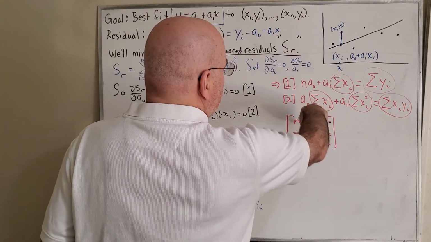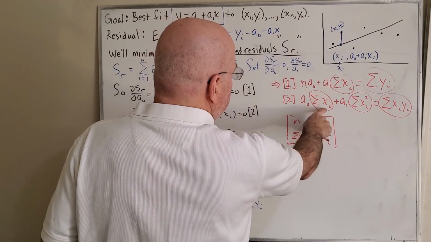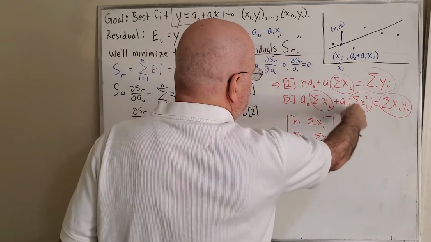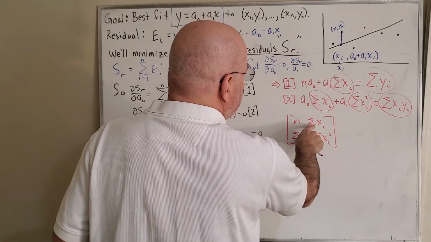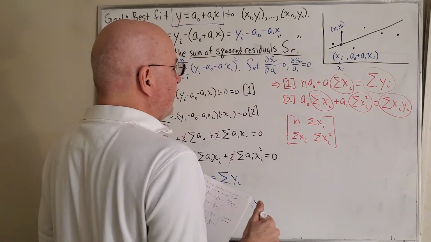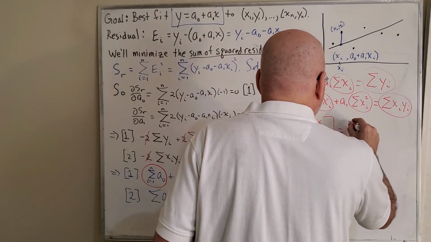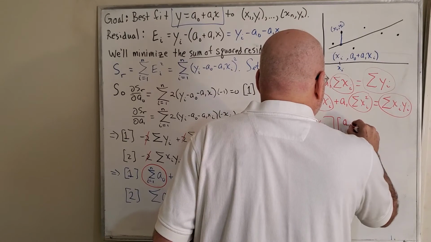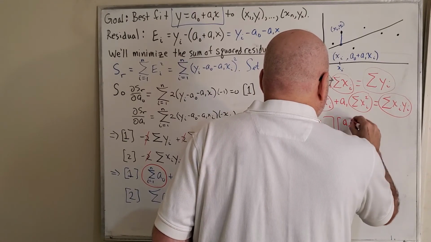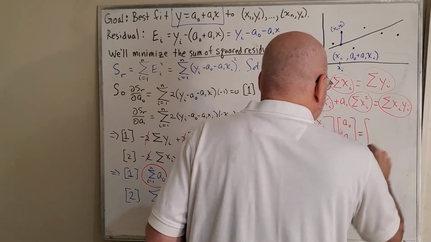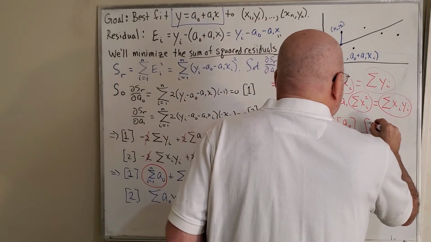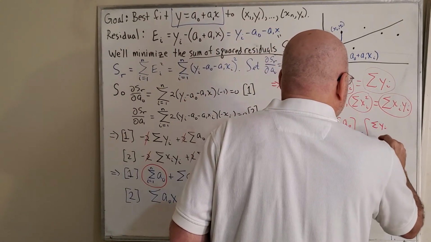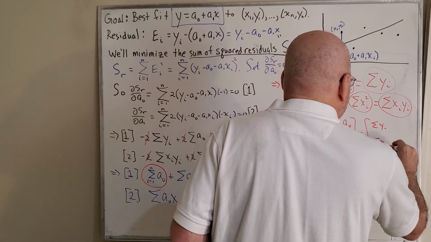This is the A0 column, so the coefficient is n and the sum of the xi's. This is the A1 column, so we've got the sum of the xi's and the sum of the xi squareds, and it's equal to, oops, I have to multiply that by what we're looking for. And over here we get the sum of the yi's, and the sum of the xi yi's.